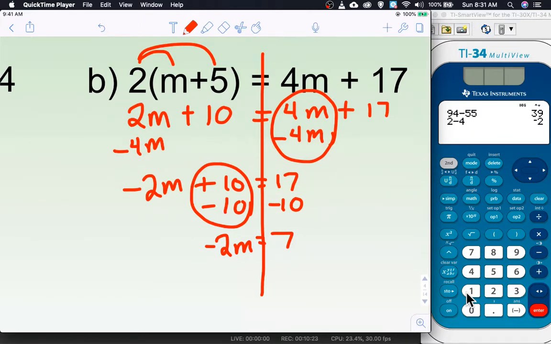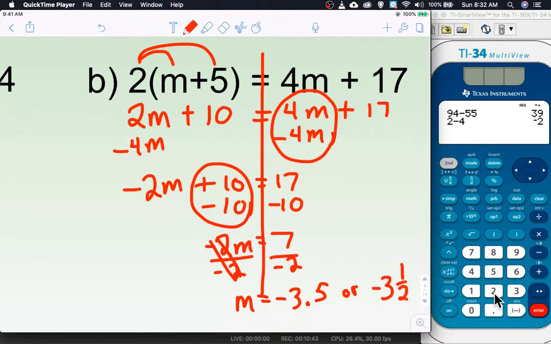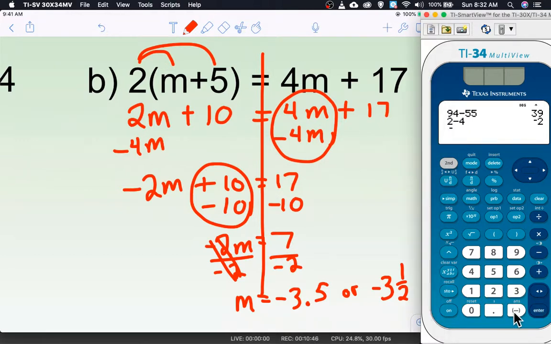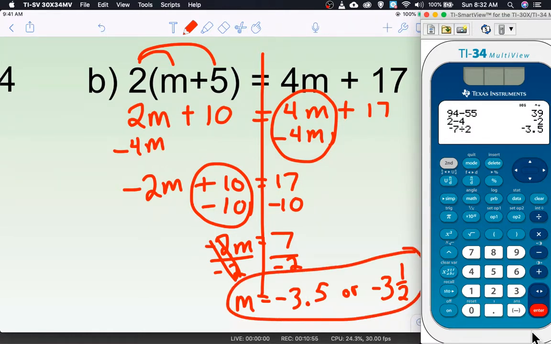Lastly, I'm going to divide by negative 2, trying to cancel out the multiply by negative 2. m equals 7 divided by negative 2, which is negative 3.5, or negative 3 1/2 if you did fractions. So either one of those is fine if you went the fraction way or the decimal way.